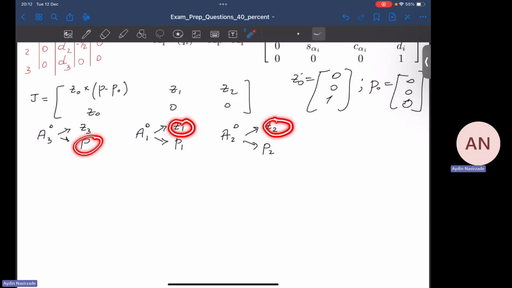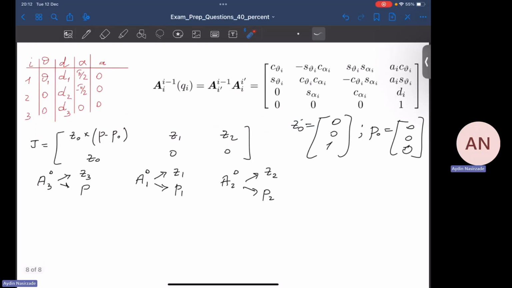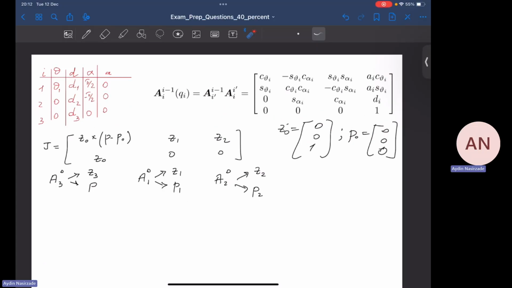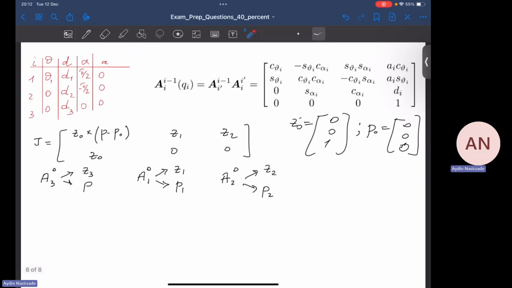And to get those, we have to find these three matrices using this matrix formula. Let's start from the very beginning. Now, you have to collaborate with these two pieces of information, this matrix and the Denavit-Hartenberg parameter table.